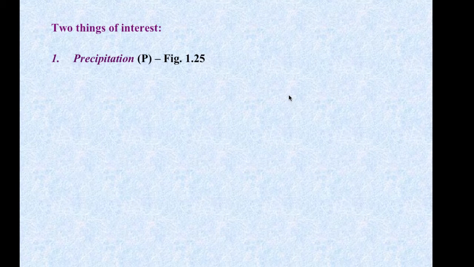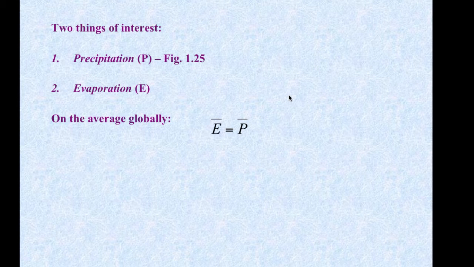All right, so that's precipitation. The other thing that we're interested in is evaporation. Precipitation is easier to measure. You can just set out tin cans all over the place and measure precip. Evap is more difficult to measure, but the important thing to think about is that over the globe, the two should be roughly equal.